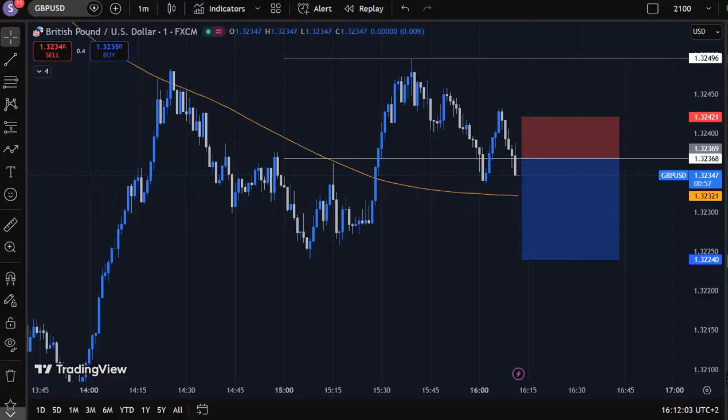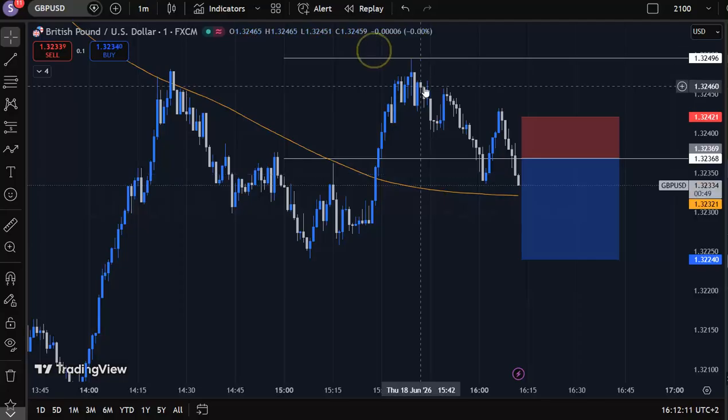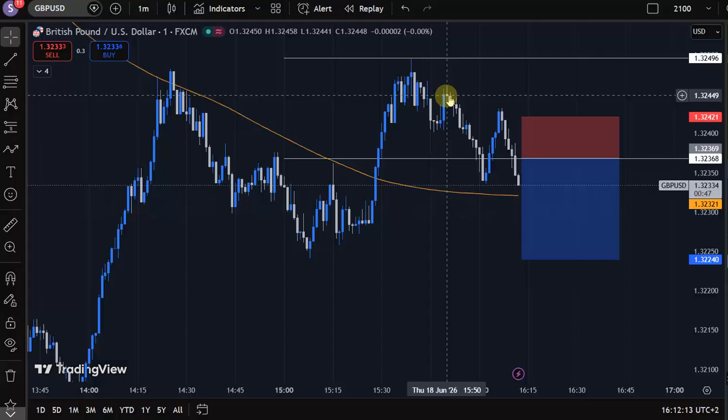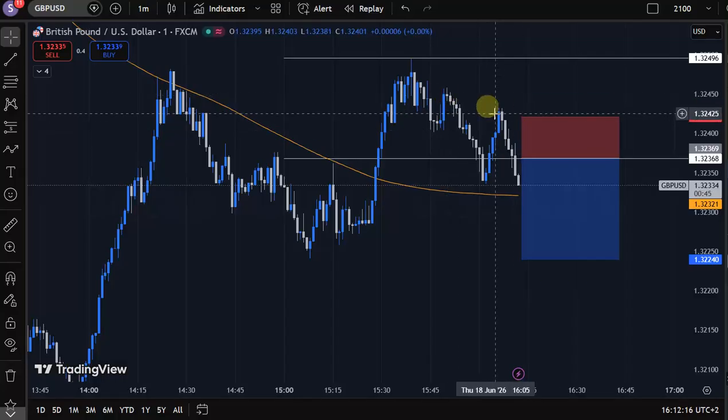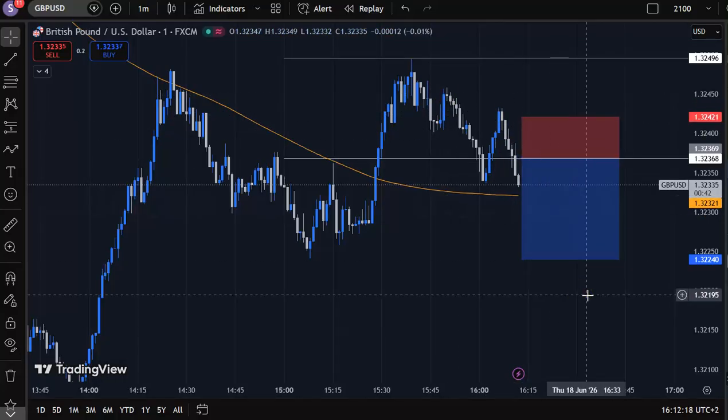And then you see how we made a high, then made a lower high, made a lower high. Our price is never gonna fill us in, but yeah.